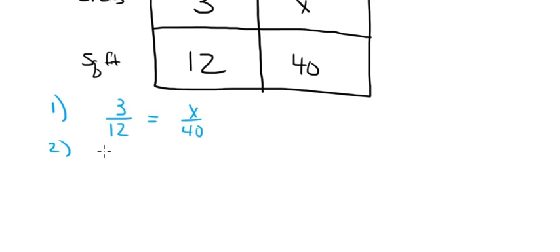Skylar? What do I do, Tucker? How do I do that? Do what? X and 40 are already next to each other. Then you would be incorrect. Why? What do I do?